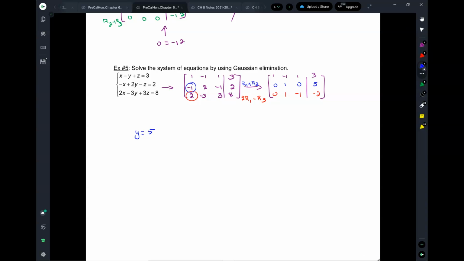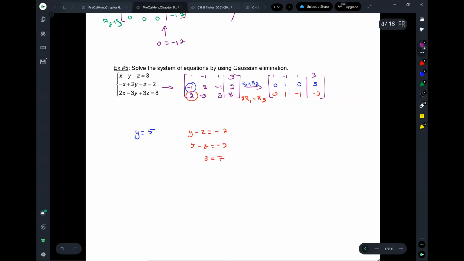But are there times when you're going to want us to not do that and just keep going? Yeah, and I'll show you how to do that if you need to. So y equals 5, and then from the last row, I can say y minus z is equal to -2. So z is equal to 7.